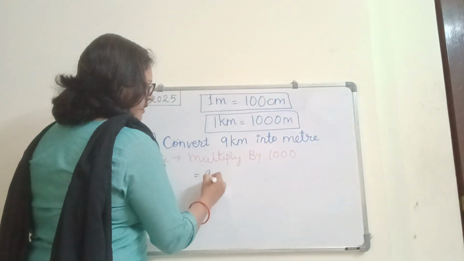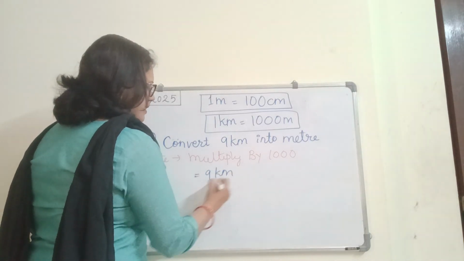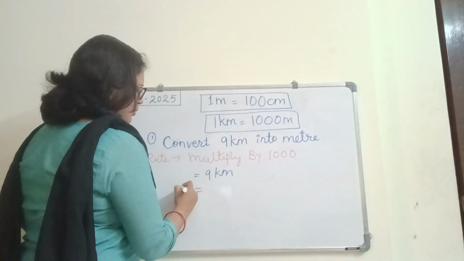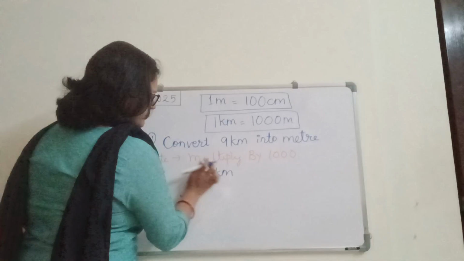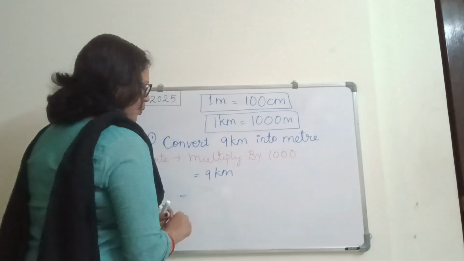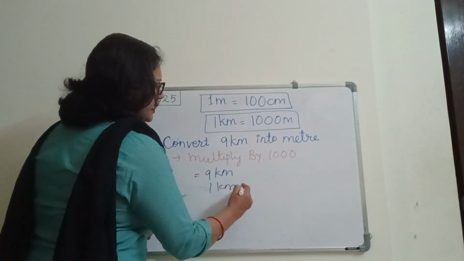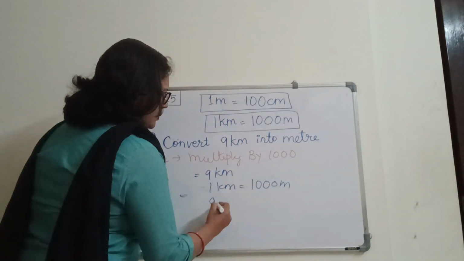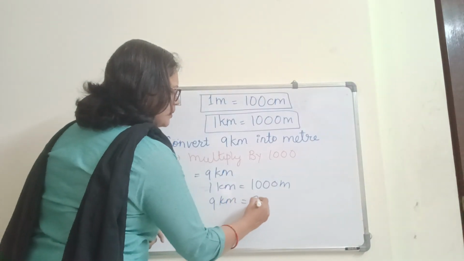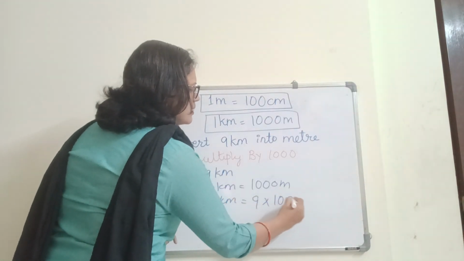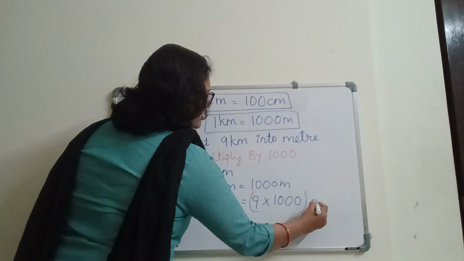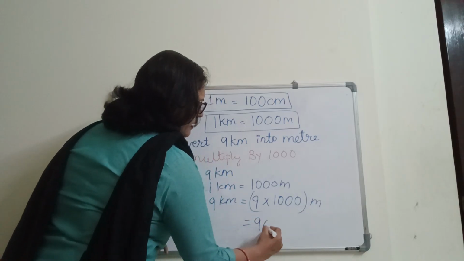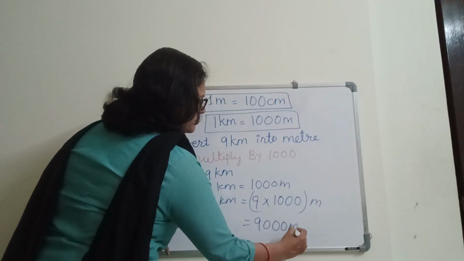take this 9 kilometer as it is, then use the formula 1 kilometer equal to 1000 meter. So 9 kilometer equal to 9 into 1000 meter, becomes 9000 meter.